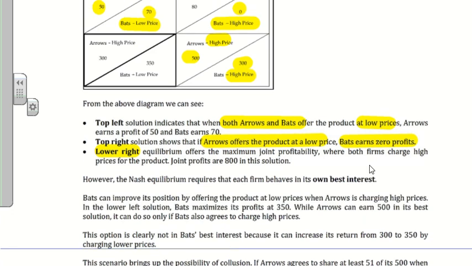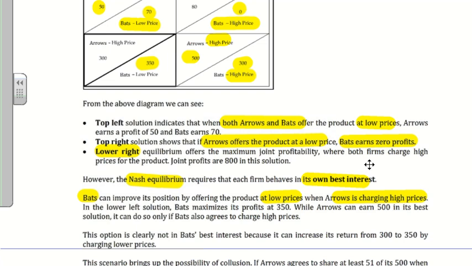And what we notice in an oligopoly market is that Nash equilibrium says that each firm does not care about the other firm, and they will do what's in their best interest to make the most amount of profits. So, looking again over here, Bats can improve by offering the product at low prices. How can they make the most when Arrows charges high prices? In the lower left solution, Bats makes 350, Arrows can make 500.